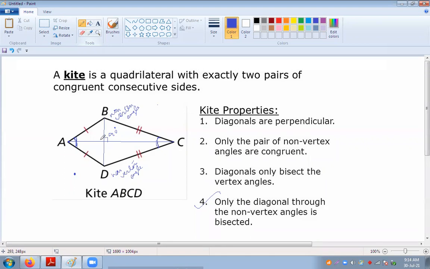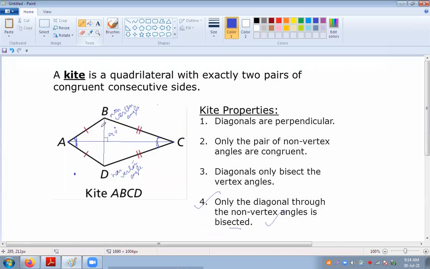You can easily see from this picture that this length and this length seem to be equal, but this and this length are not equal. So the diagonal through the non-vertex angle is only bisected, that means BD is bisected, not AC.